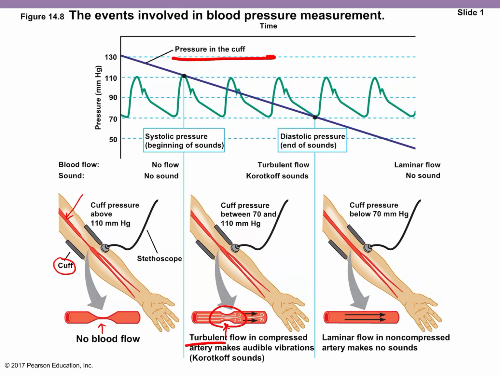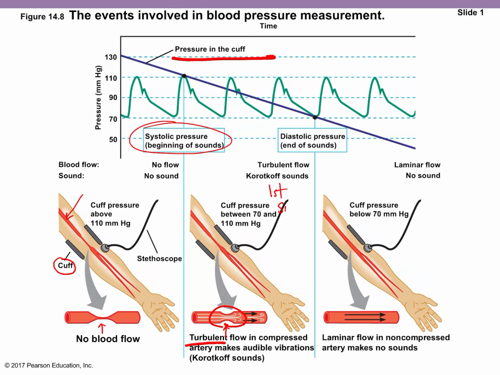It takes a lot of force for blood to squeeze its way into that little opening you just created in the brachial artery. That's the systolic pressure. That's when the heart is contracting and you have a surge of blood pushing into that little opening, and you hear that initial turbulent flow.